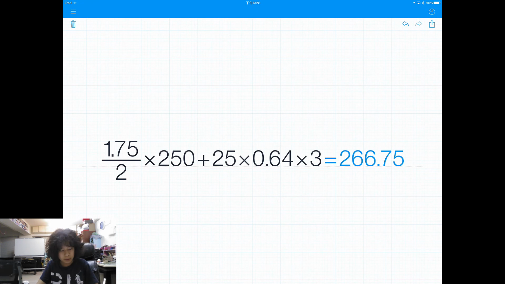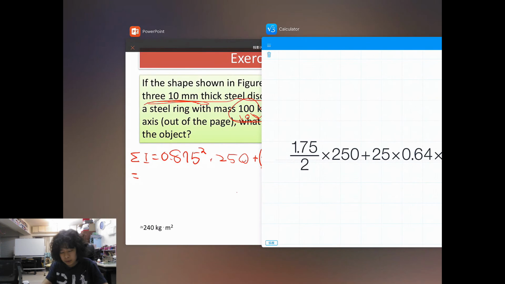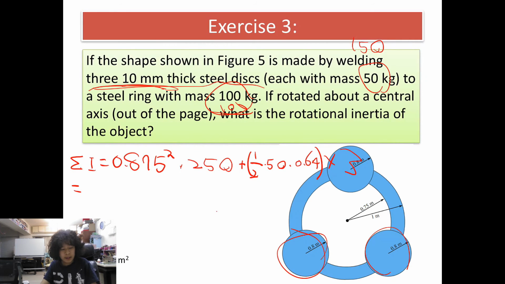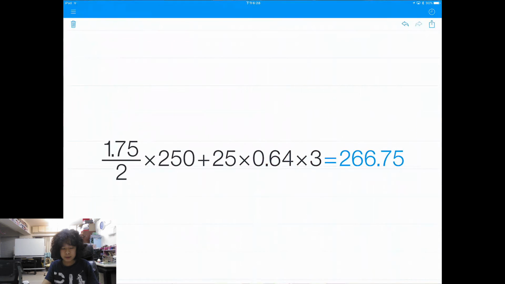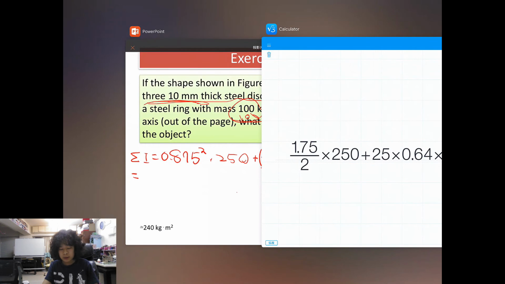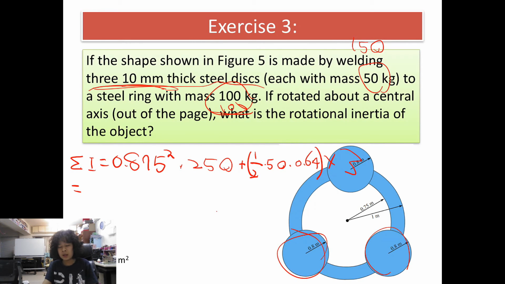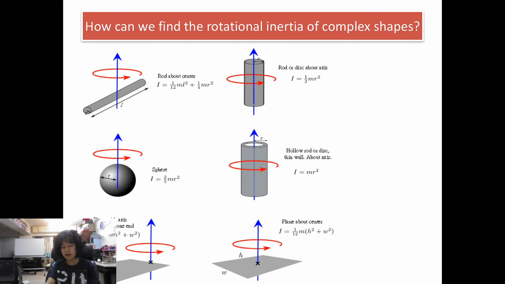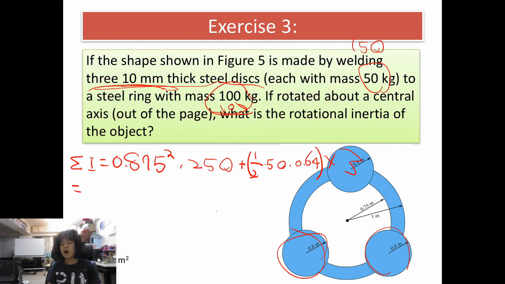So let me rewrite, let me explain again. Okay. So 0.875 is the radius of these three things, and the total is 250 kilograms, and then plus these 3 of them with 50 kilograms, and 1/2 because according to the formula it's 1/2, and r squared, which is 0.8 squared, times 3.